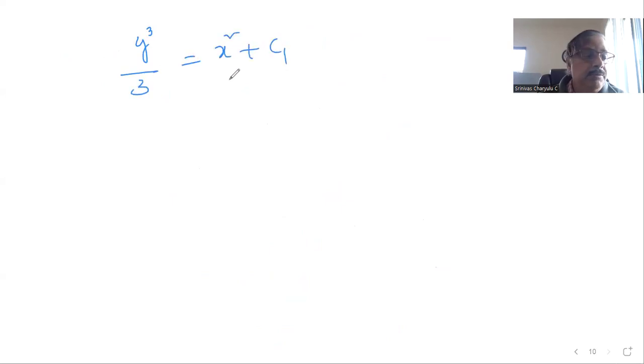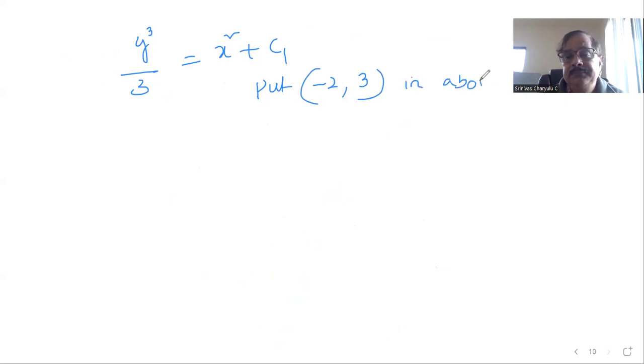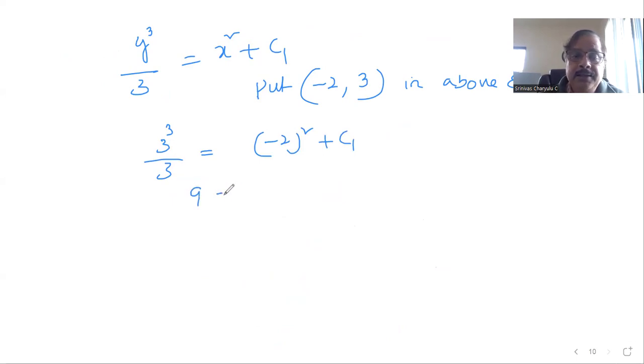So what is their condition now? (-2, 3). So put (-2, 3) in the above equation. Why? Because it is passing through this point. So first, 3 cube by 3 is equal to (-2) whole square plus c1. Here 3 cube by 3 means 27 by 3, which is 9. So 9 minus 4 gives c1 is equal to 5.